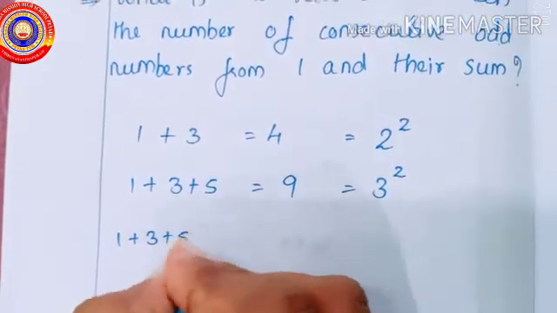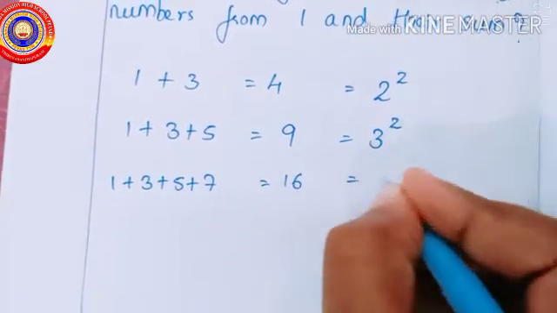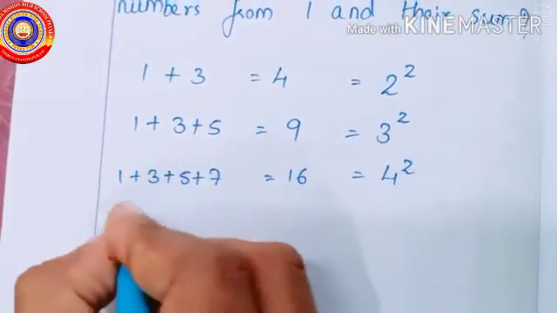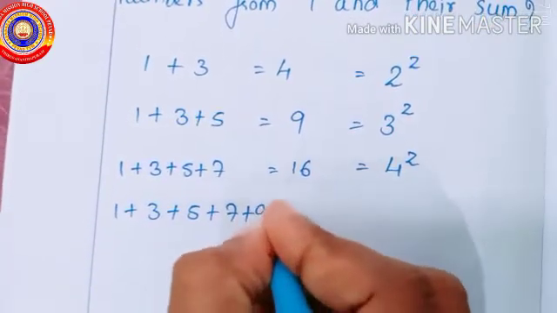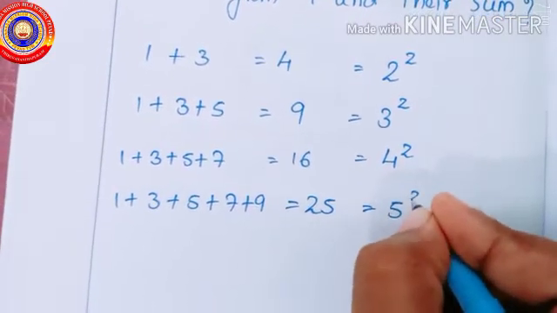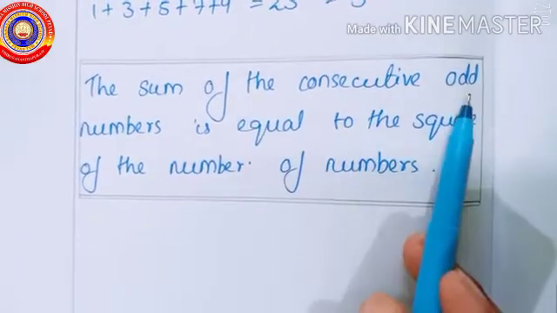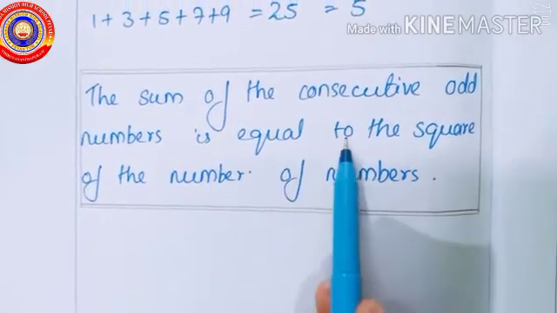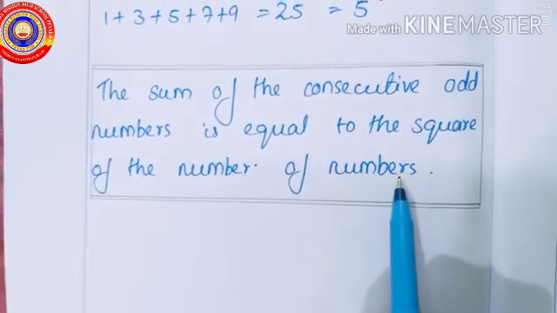Next is 1 plus 3 plus 5 plus 7, which is equal to 16. 16 is 4 square. And the next, 1 plus 3 plus 5 plus 7 plus 9, which is equal to 25. 25 is 5 square. Here the sum of the consecutive odd numbers is equal to the square of the number of numbers.